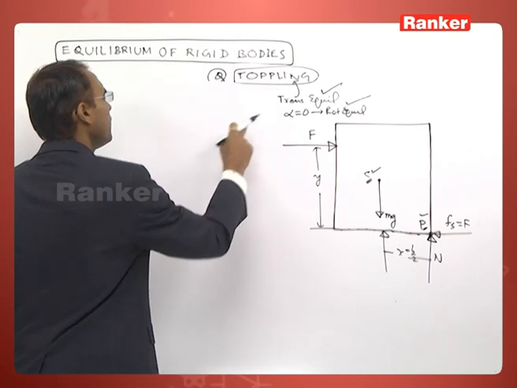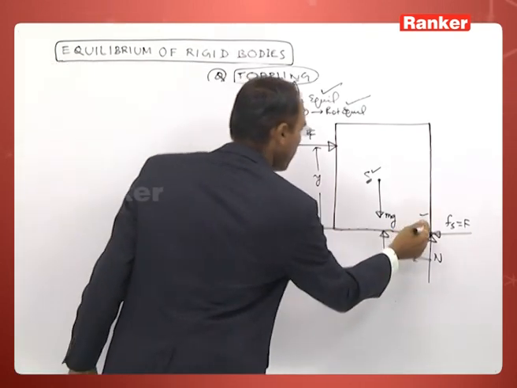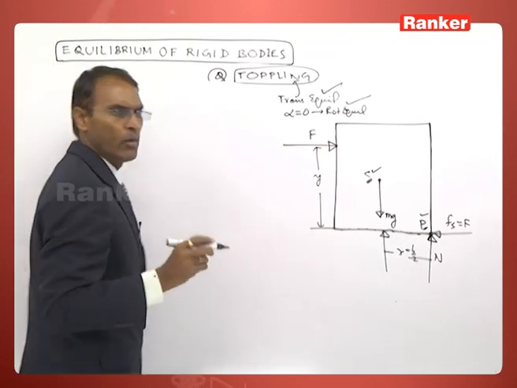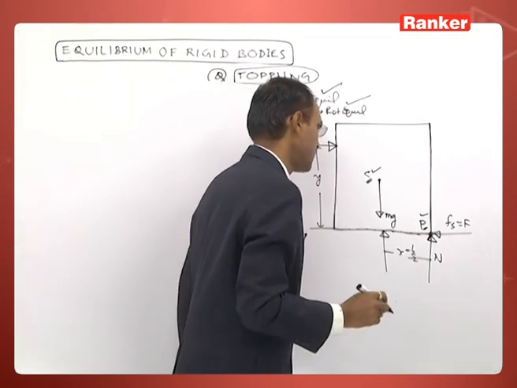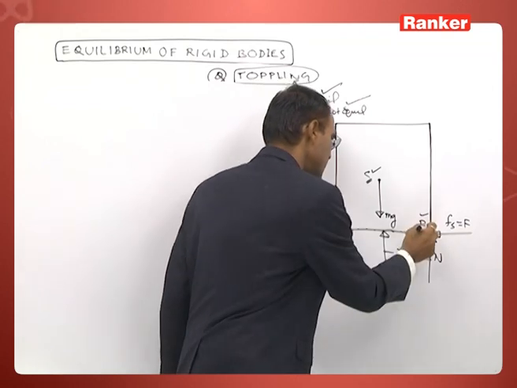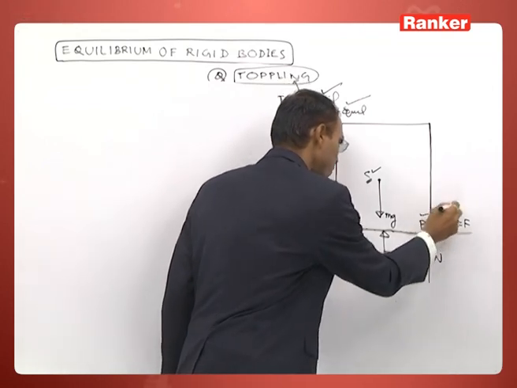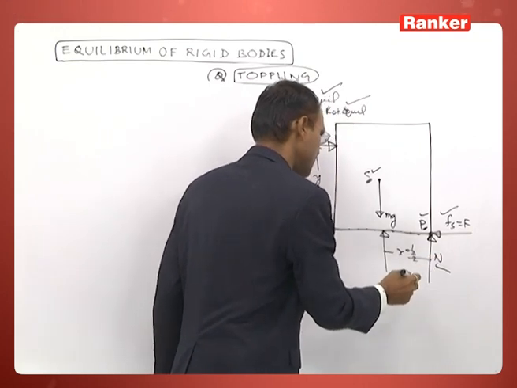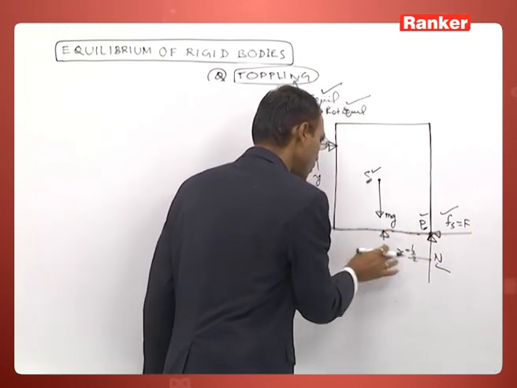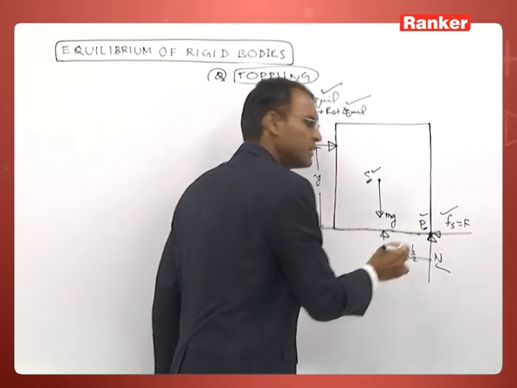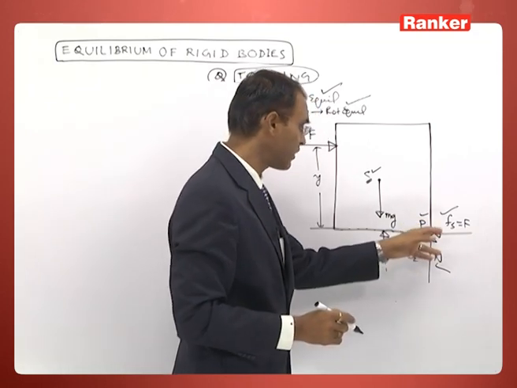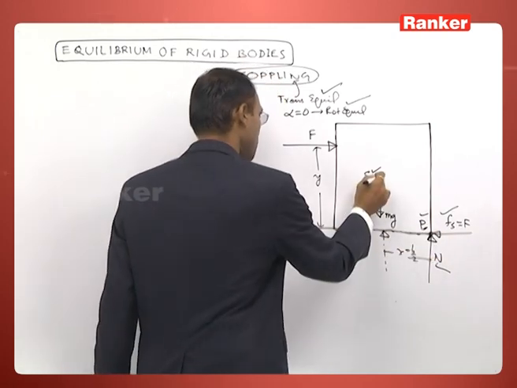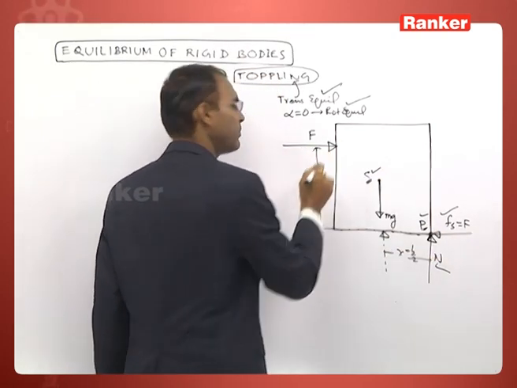when you are writing the torque equation about this point, point P, we are getting some mathematical advantage. That is, the force of friction and normal reaction, they pass through this point, therefore, they cannot produce a torque about this point. The torque is produced by gravity and the applied force.